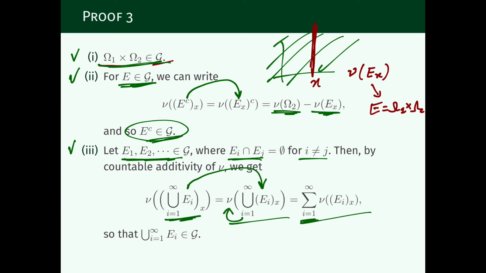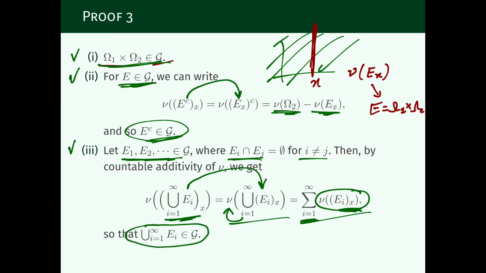Because of this, this is a sum of measurable functions. Each of these is a non-negative function of x which is measurable. So we can add infinitely many non-negative functions of x, countably many. And the result, by monotone convergence or by taking the supremum, is a measurable function.